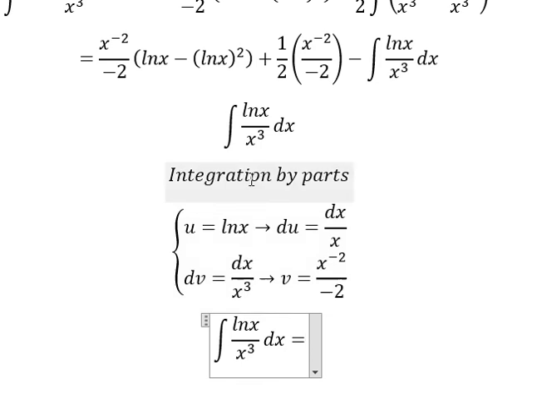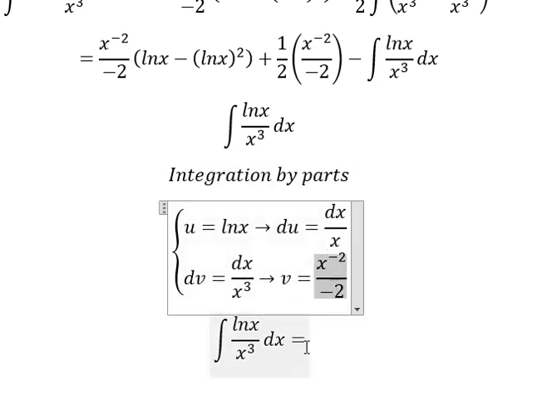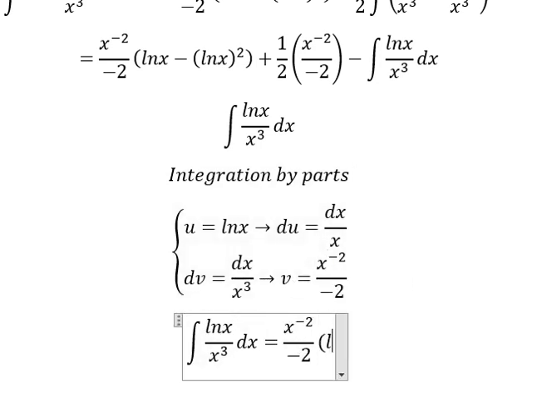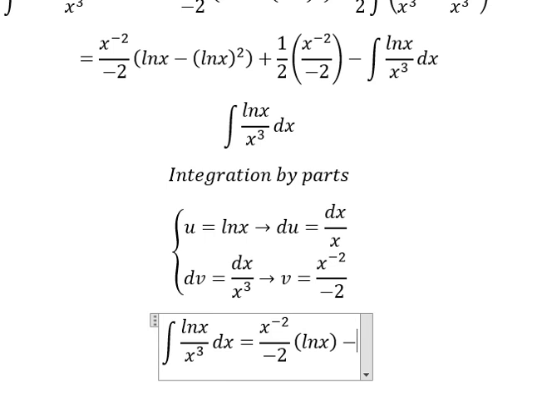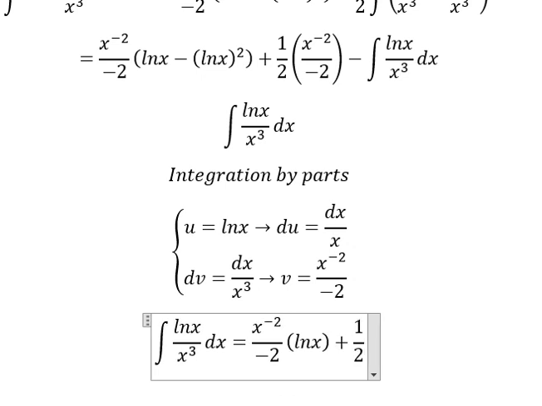So we have u multiplied by v minus du multiplied by v, because we have the negative 2, negative with negative, you get positive, and we have 1 over 2.